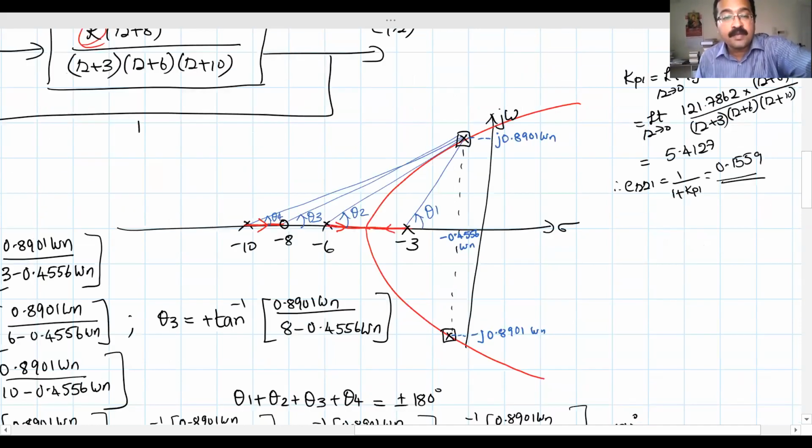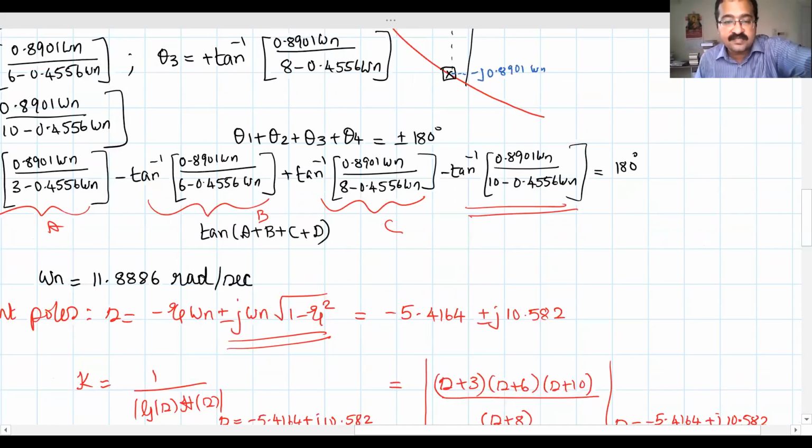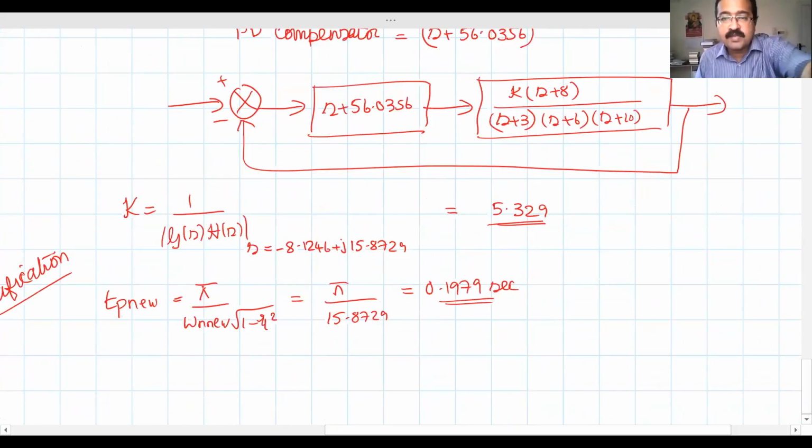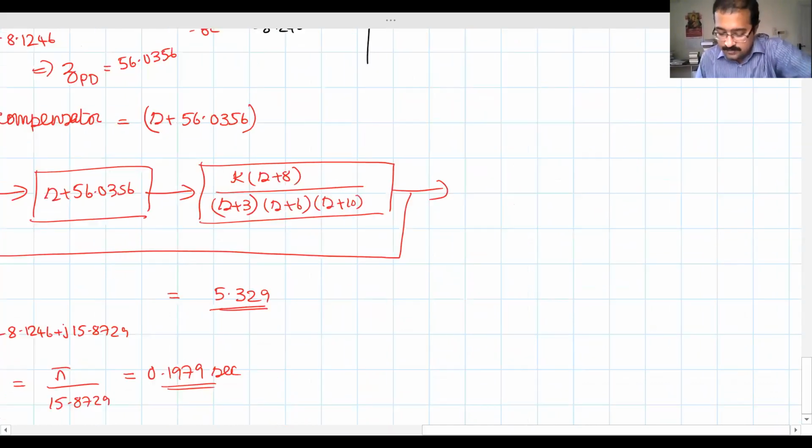Now coming to the PD compensated system. What will be the static position error constant Kp2?